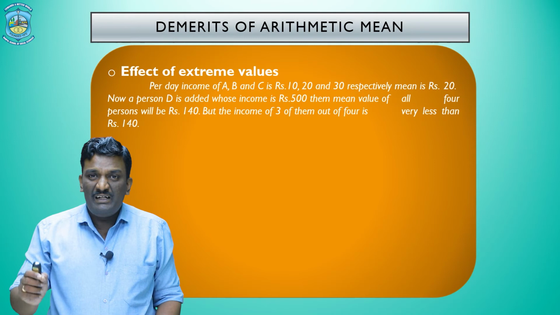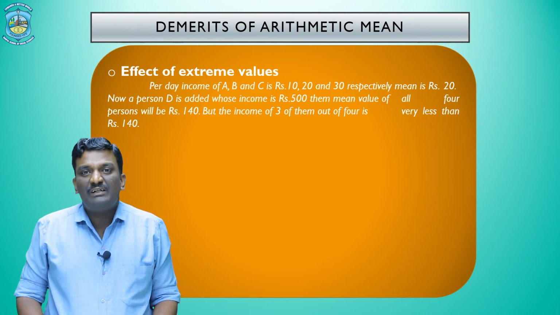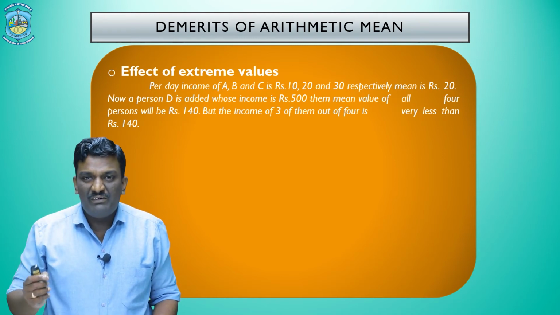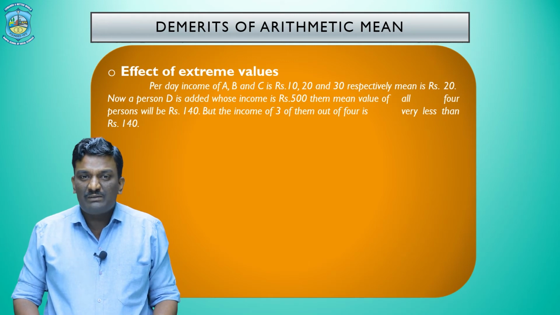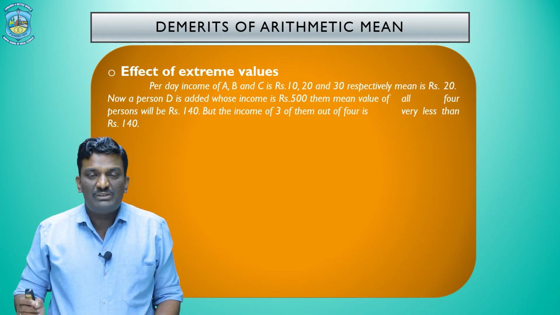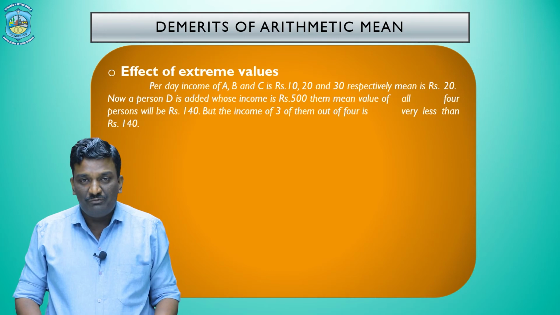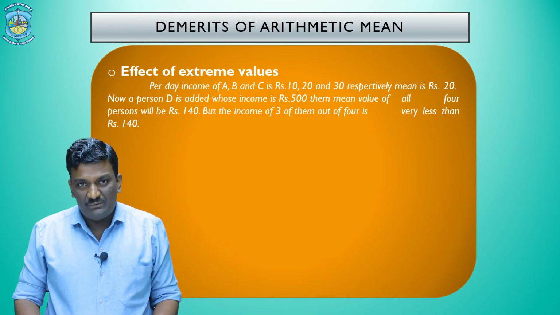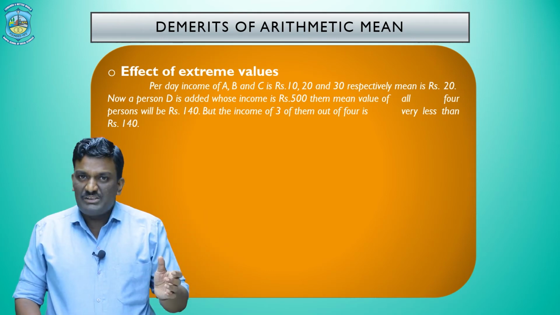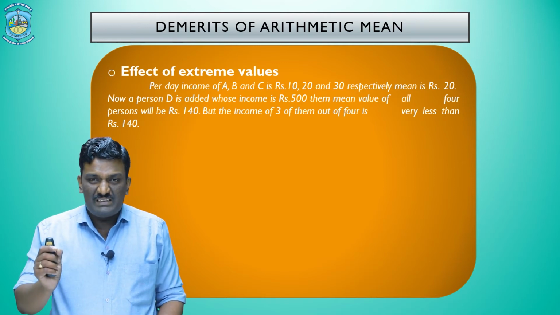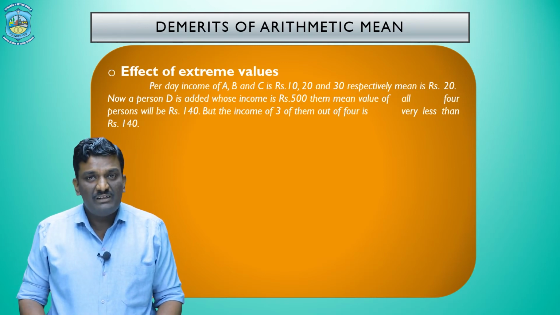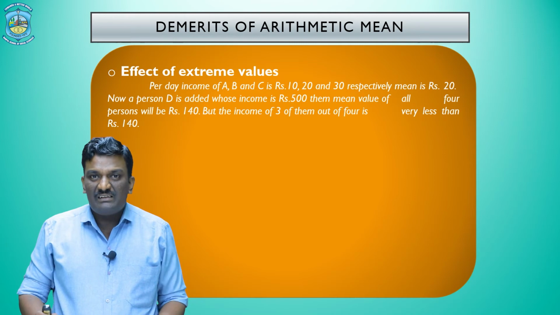Whereas if we add another D with an income of say rupees 500, the mean value becomes 140, which is not at all a good representative for any of the four values. This shows that the presence of this extreme value has created a problem in the result that we have received.